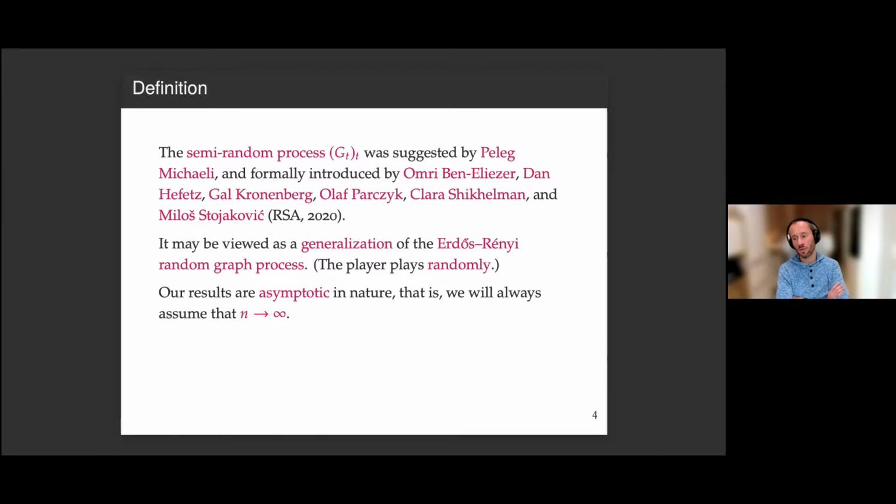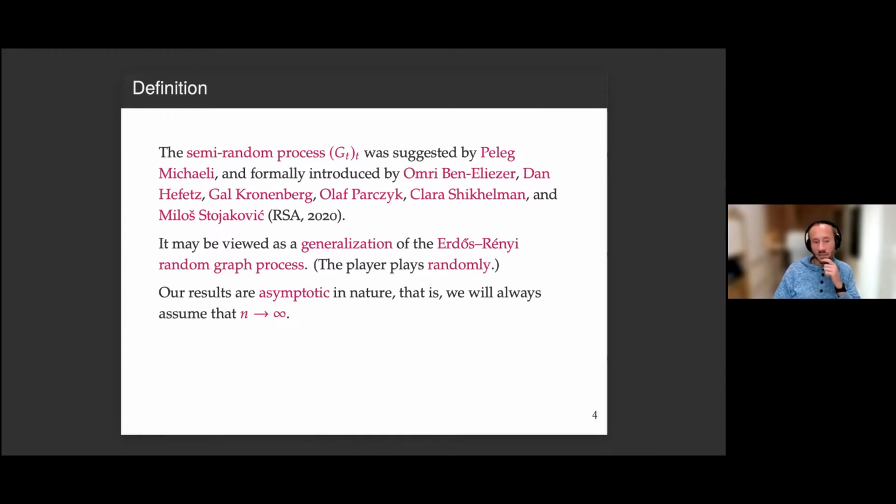And if I know that one of those processes creates what I want to create, then at least I can do that fast with my semi-random process. I could potentially do something smarter than that, but at least I have a benchmark for how quickly I can achieve what I want by mimicking some well-known processes. But that's coming. This first kind of coupling we can see right from the start, when we can just play randomly and mimic an arbitrary random graph process.